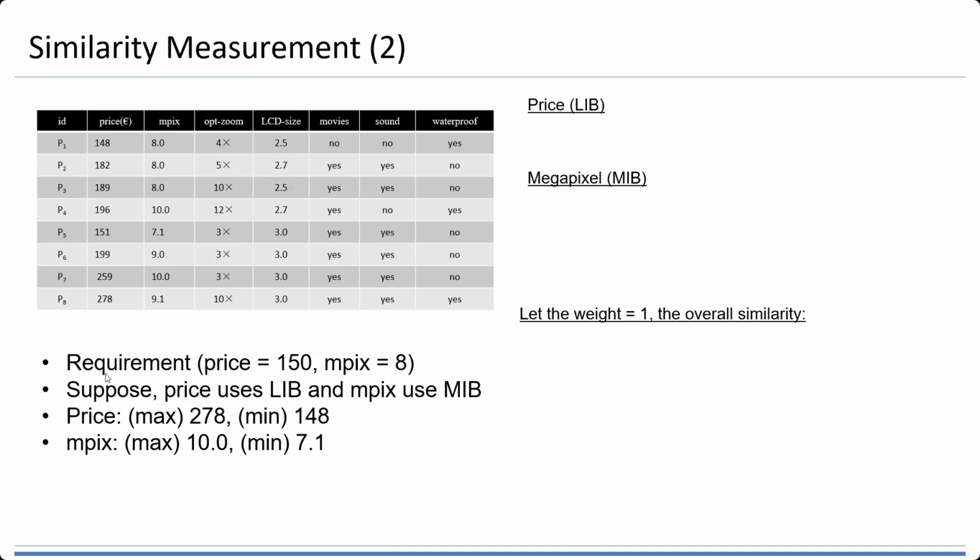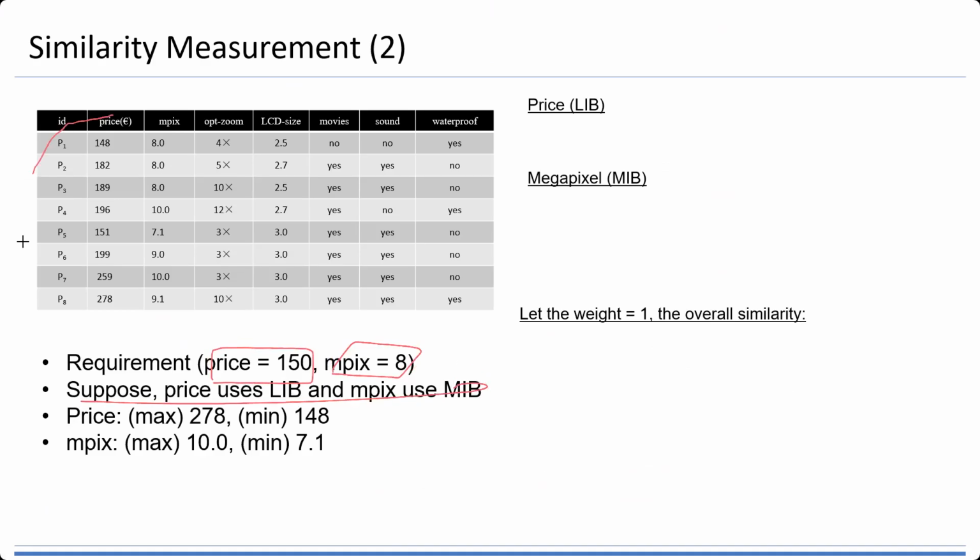So we have the requirement. The requirement is the price is 150 and the megapixel is 8. Then suppose price uses LIB and MPix uses MIB.